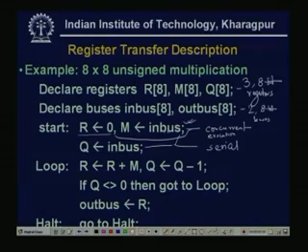So, this transfer can be performed concurrently with either in bus to M or in bus to Q, because it will not affect the other one. But as in bus is common, we cannot do in bus to M and in bus to Q concurrently. These must be performed serially.